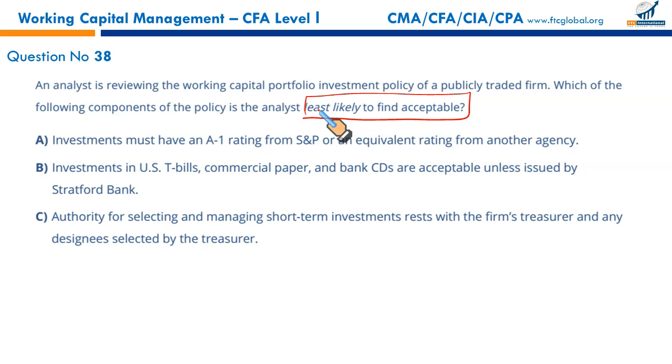Yes, there might be certain limitations placed, but your limitation section should include the types of investments that we can invest in and the types of investment that are not acceptable for investment.